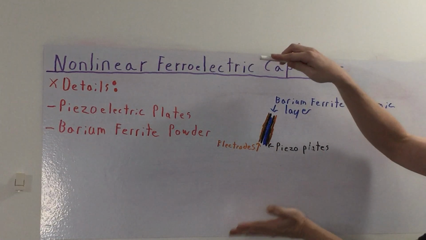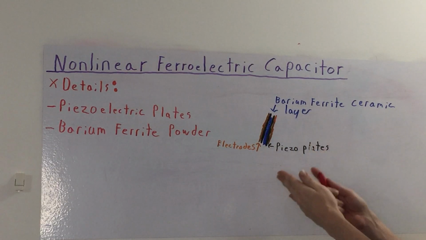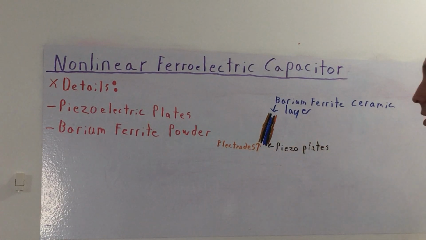So we use everything we can, for all the systems we can. The piezoelectric plates contribute to the mechanical-electrical energy conversion, while the barium ferrite can add to the electrical nonlinearity due to its ferroelectric properties as well.